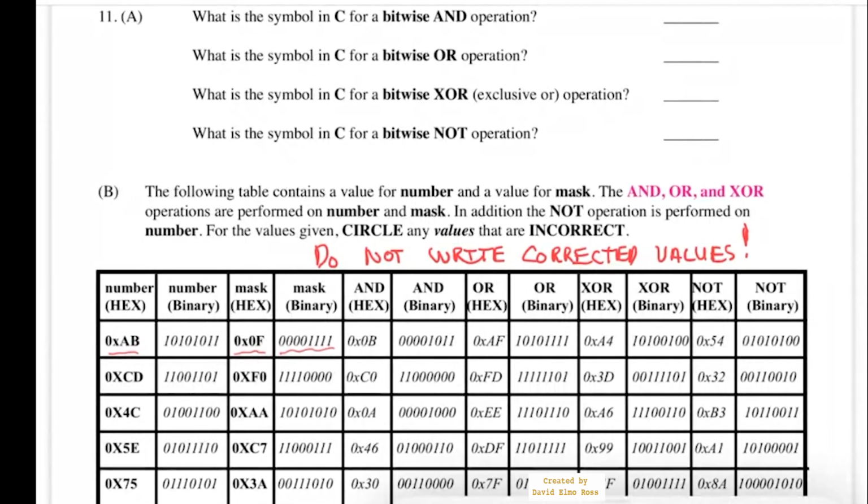And it is, so we don't circle that. Now, it's saying, if you take AB and AND it with 0F, is it going to be 0B? If it is, don't circle it. If it's not, circle it. And is that then the same as this, your AND in binary? Then if we OR these two, AB OR 0F, is this the number? And is that the same in binary? So you're just going to circle the ones that are wrong.